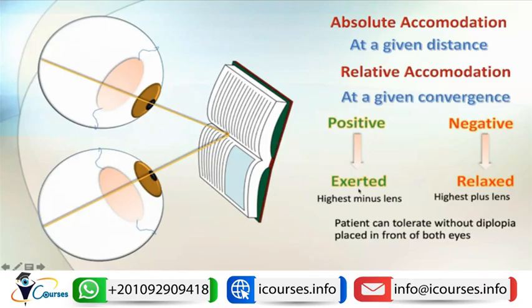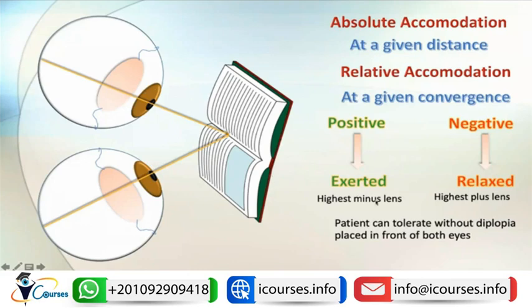The positive relative accommodation can be measured by the highest minus lens. Let's say, for example, this eye is converging at 20 prism diopters and has a lens exerting accommodation of about +4 diopters. If I put a minus lens of -1 and then -2 and then -3, and the eye can still overcome this, and at -4 the eye cannot see any clear image of the book, then this is called the highest minus lens that equalizes the positive relative accommodation.